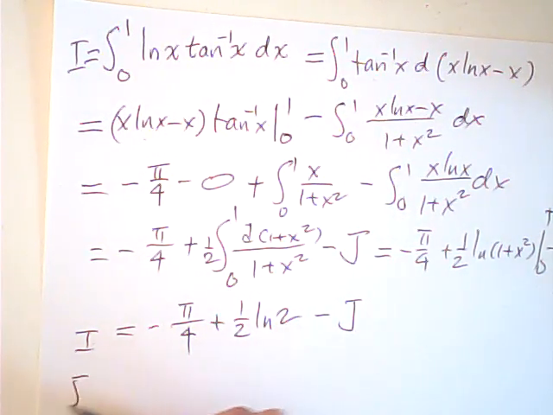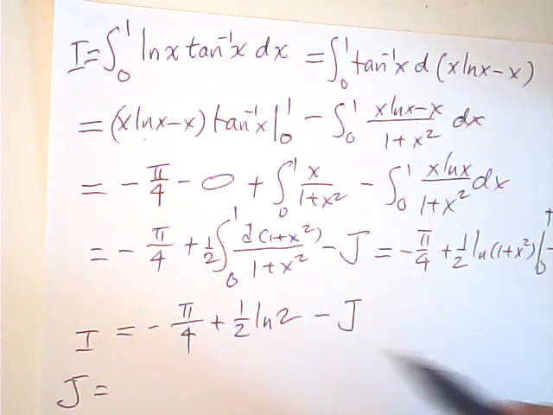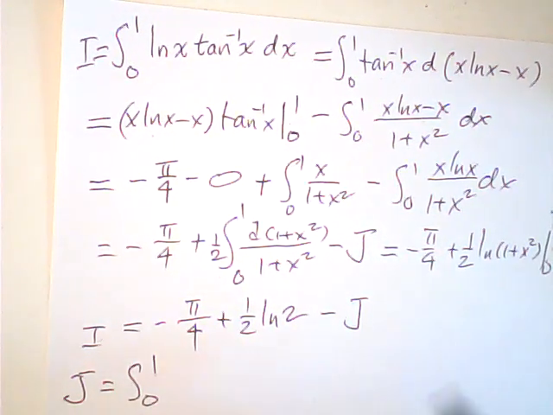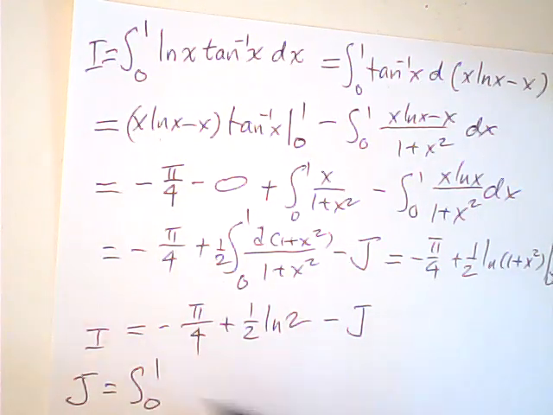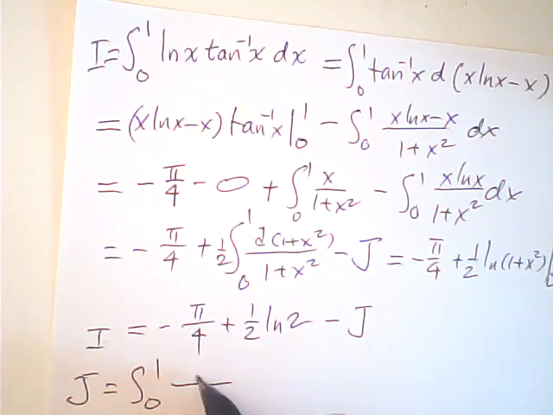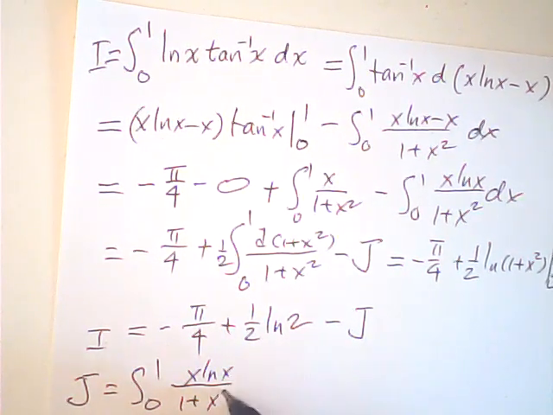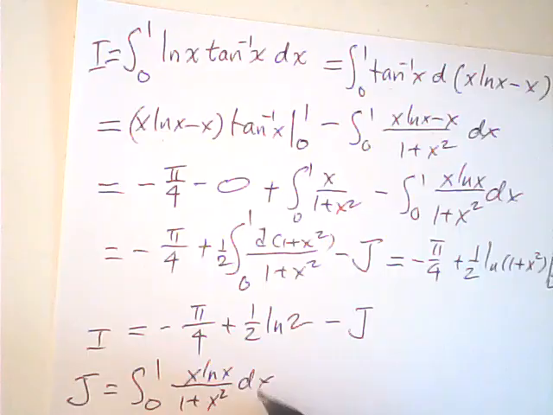So j is equal to this. j is equal to the integral from 0 to 1 of x log x over 1 plus x squared dx.